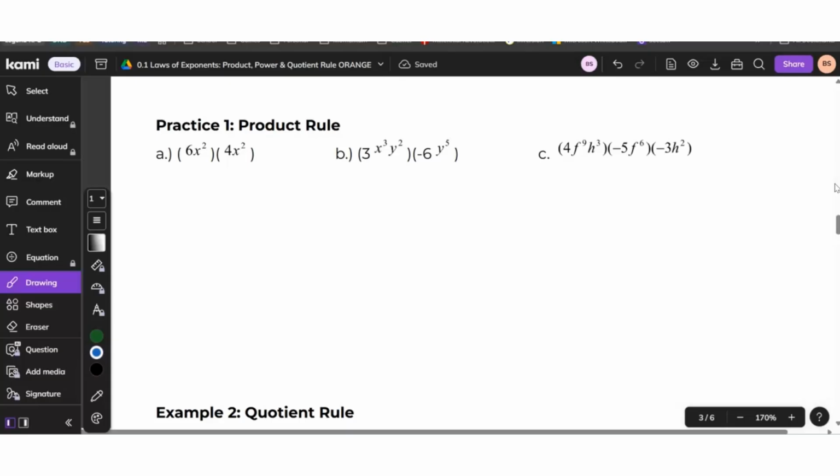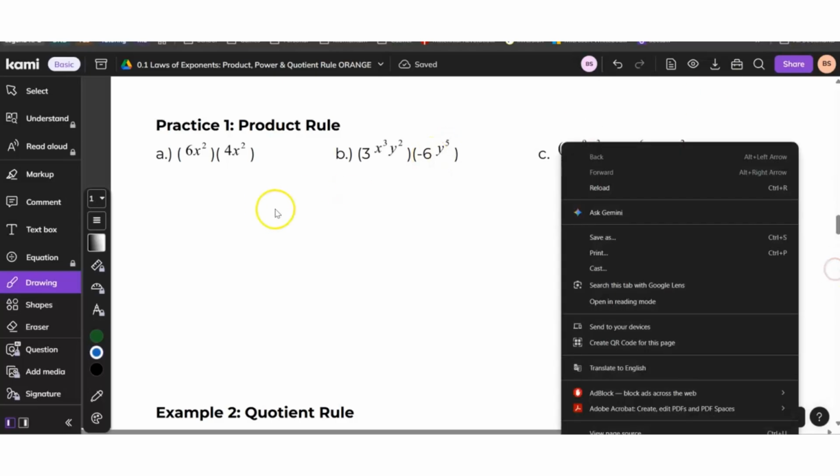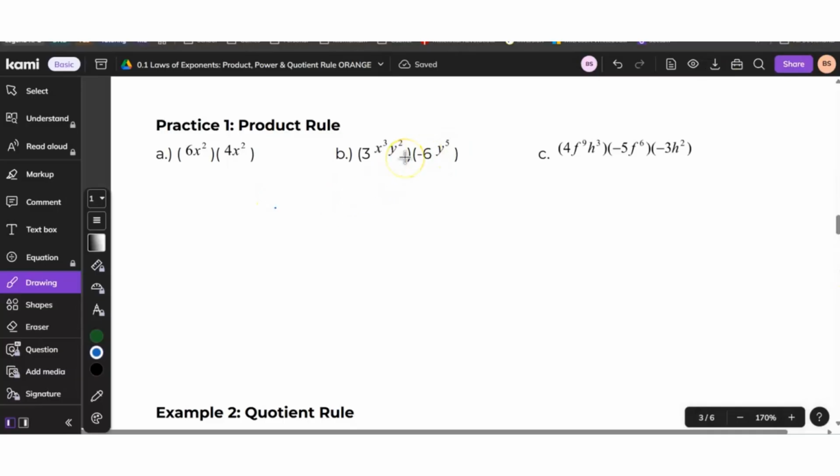Try those. None of them are subtraction. Think of this as like a -6 rather than subtraction. It's like multiplying, but it's negative. Multiplying, but it's negative. Okay?